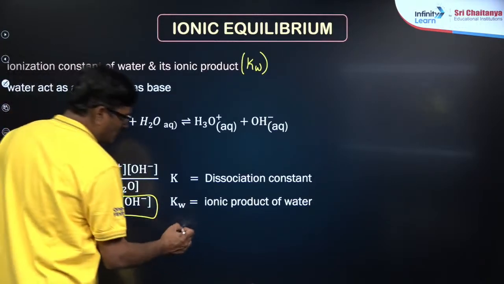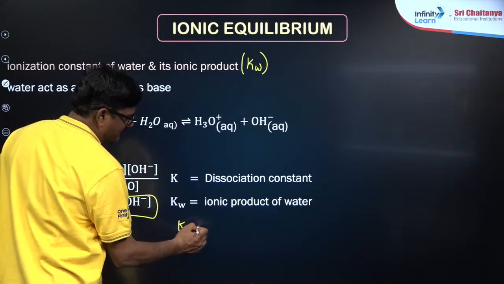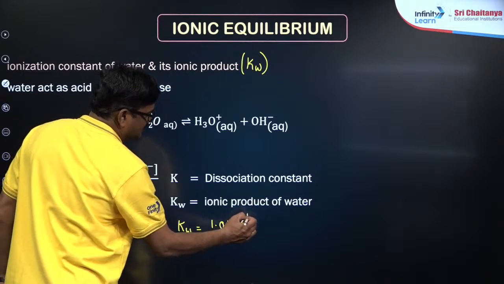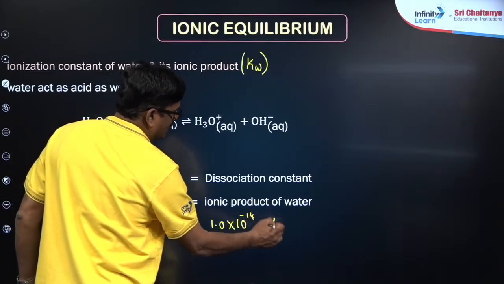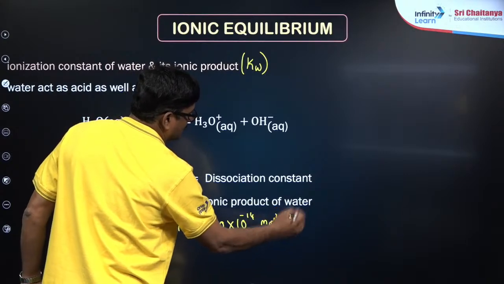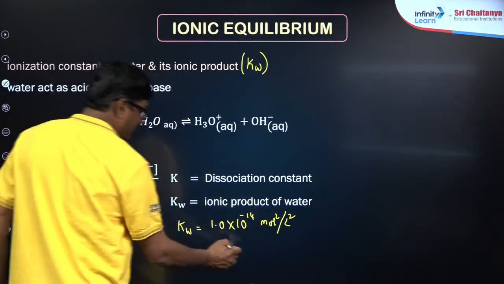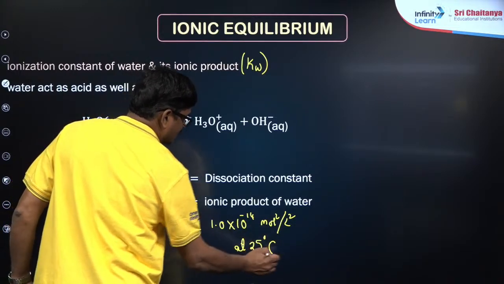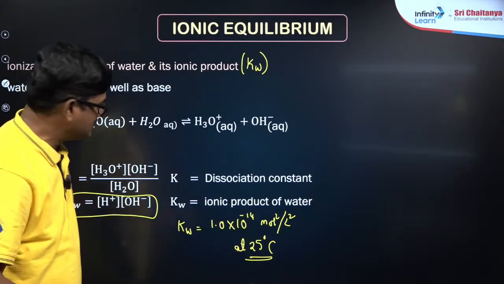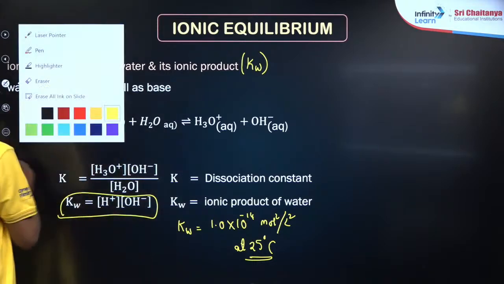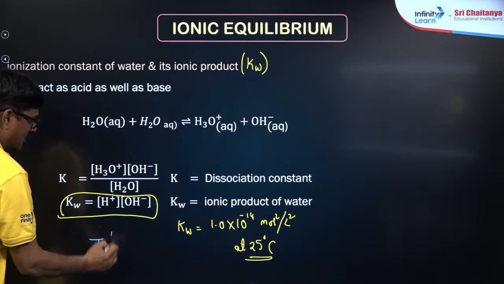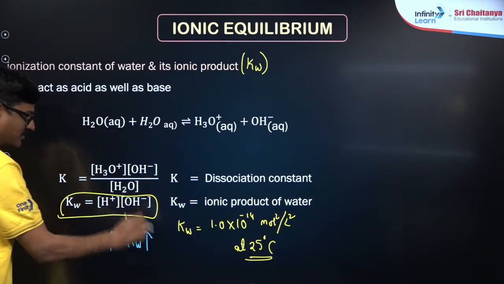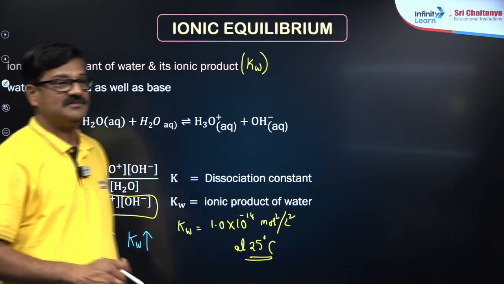Its value is given as 1.0 into 10 to the power minus 14 mole square per liter square, and conditions applied at 25 degrees centigrade. That is true. As temperature increases, Kw value increases, that's a well known factor. As temperature decreases, Kw value decreases.